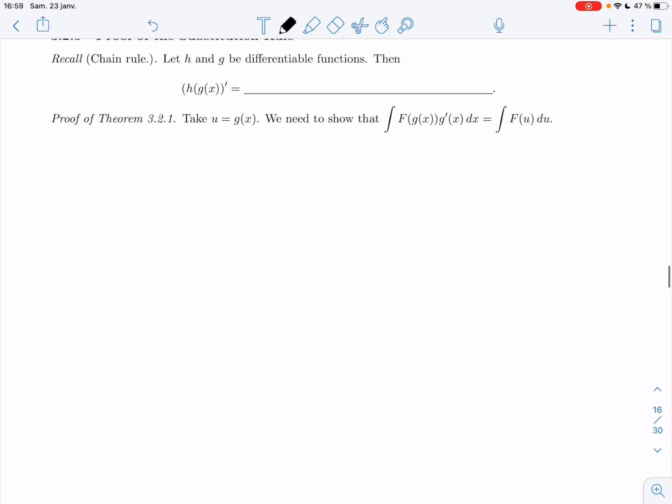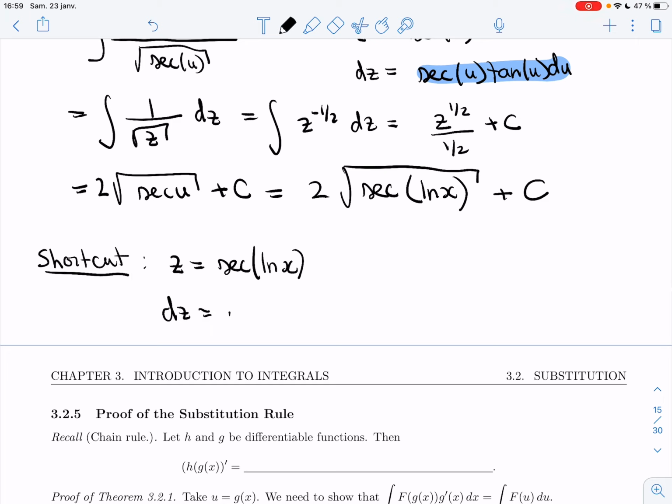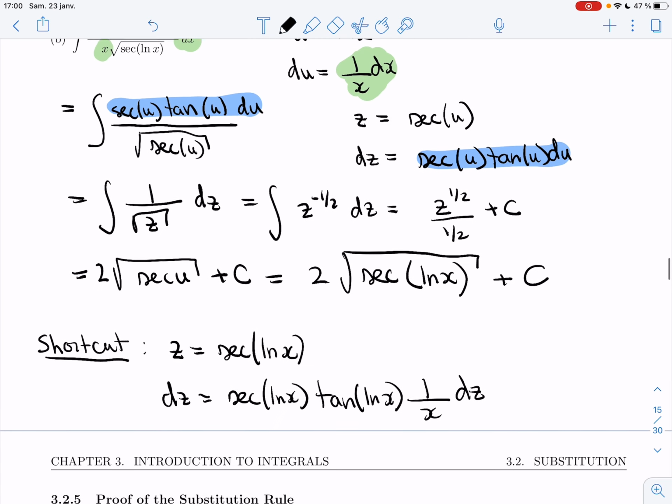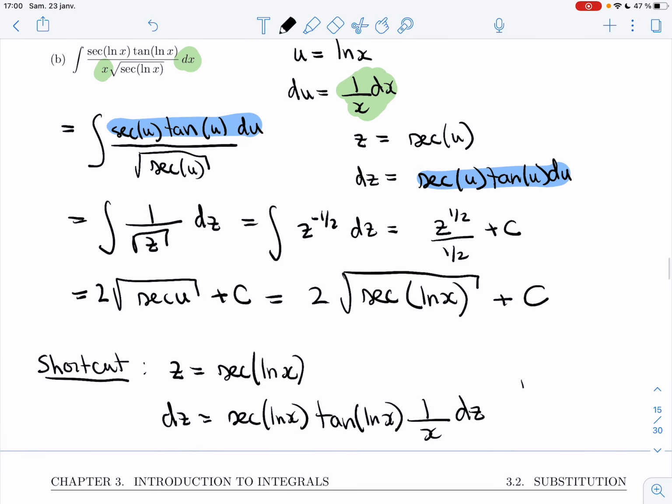Well, that's going to give you secant log of x, tan log of x, and then the derivative of log of x, 1 over x dx. So if you apply this substitution, you'll end up going directly to 1 over square root of z dz. And so you'll skip the other substitution and just do a single one.